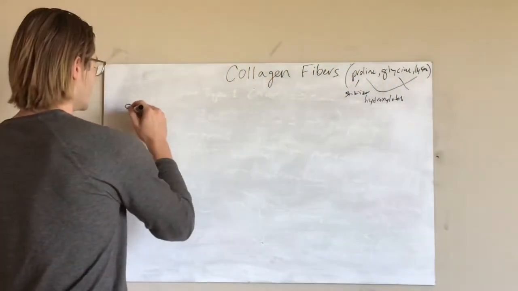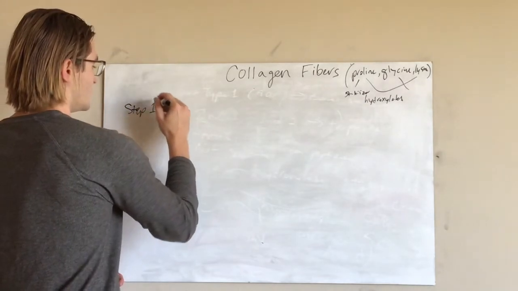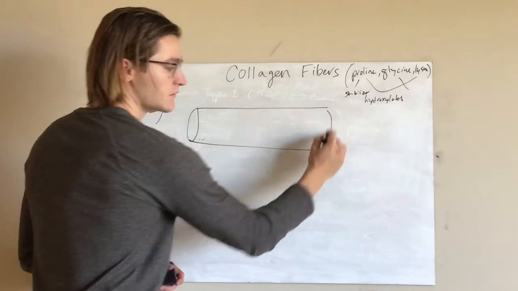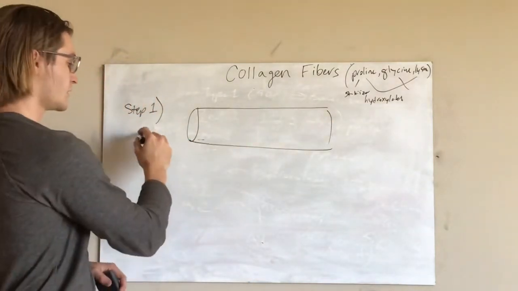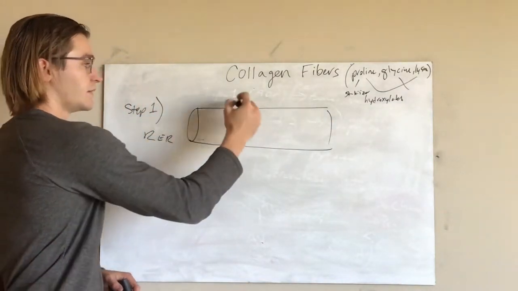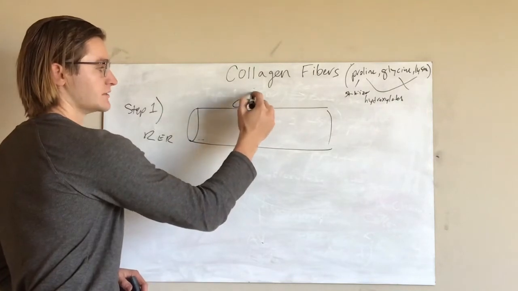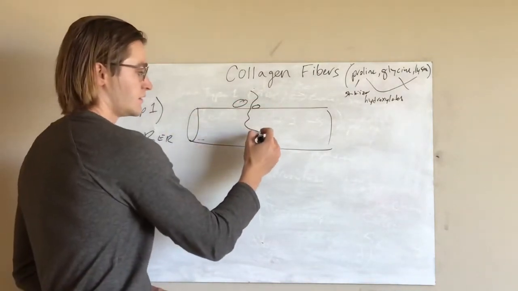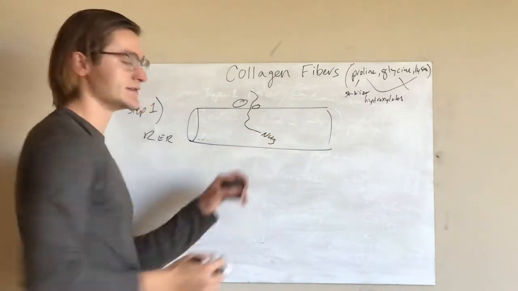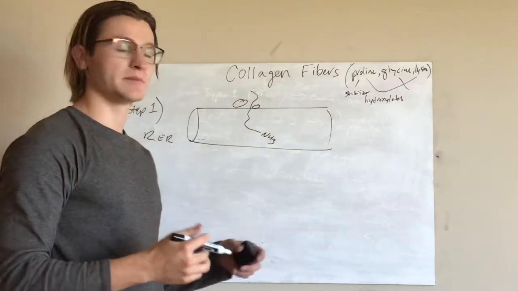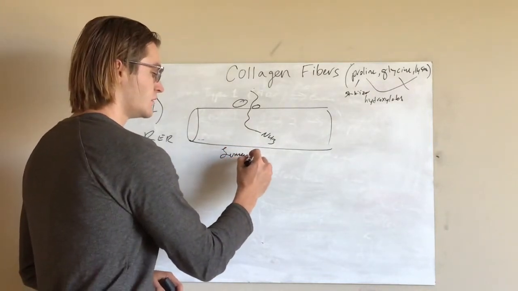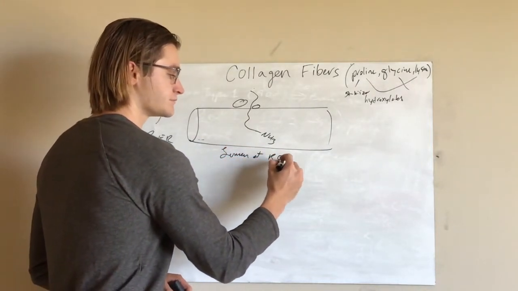So step 1 is gonna occur in the rough ER. So step 1 is happening in the rough ER. And we're going to have our messenger RNA, our ribosome, our polypeptide, and what's going to get this in here is the amine or signal peptide. That's going to get it into the lumen of rough ER.